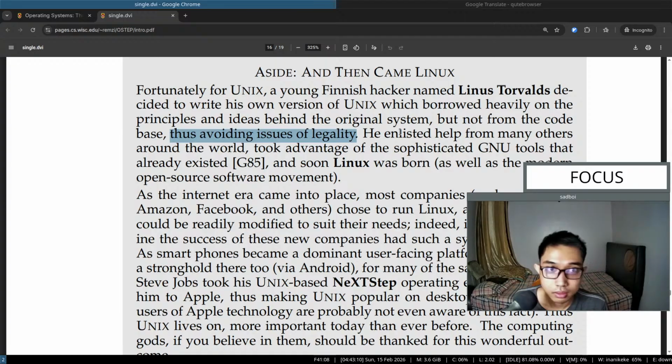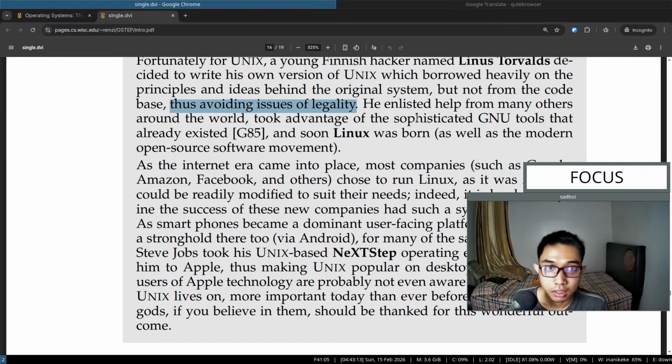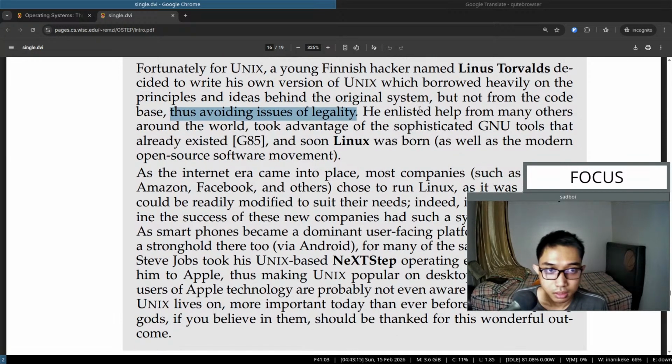He enlisted help from many authors around the world to take advantage of the sophisticated GNU tools that already existed, and soon Linux was born, as well as the modern open source software movement.